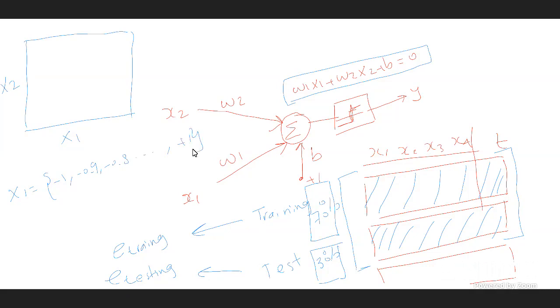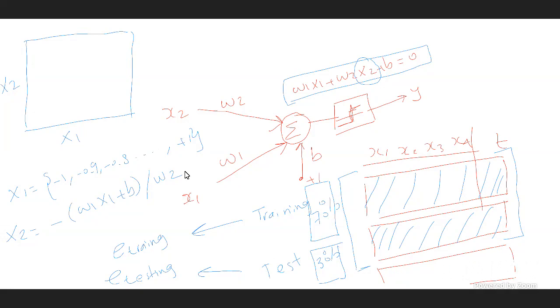I will substitute them into this equation. I have x1, so I need to find a value for x2. How can we get x2? x2 will be negative omega 1 x1 plus b, divided by omega 2. Now we have x1 and x2, and we just plot them. When you plot x1 and x2, you will generate this green line, which is the decision line.